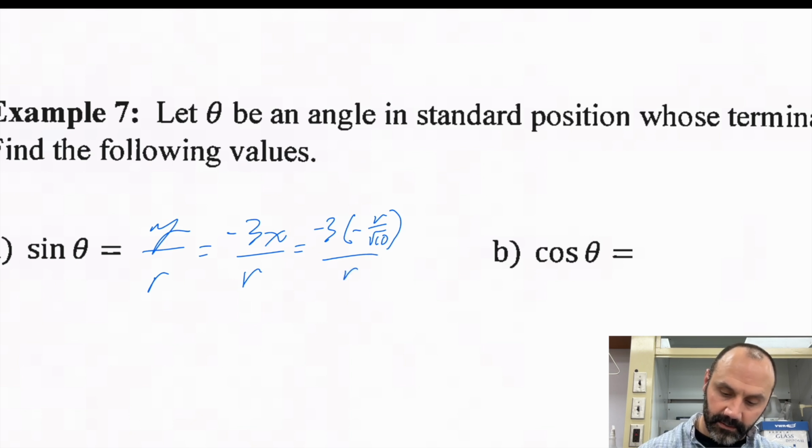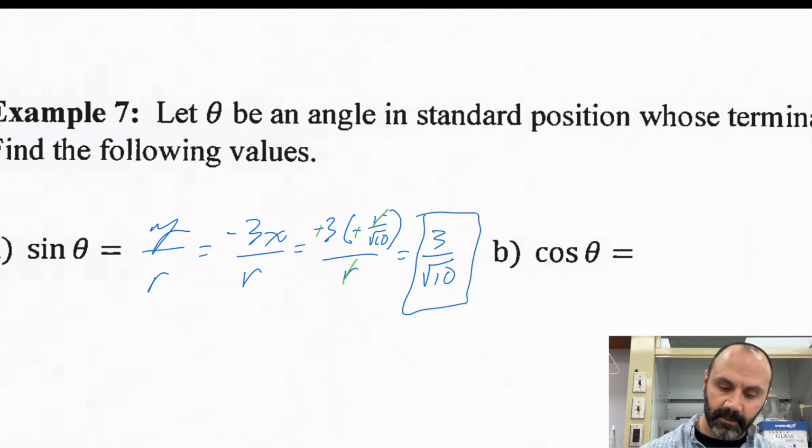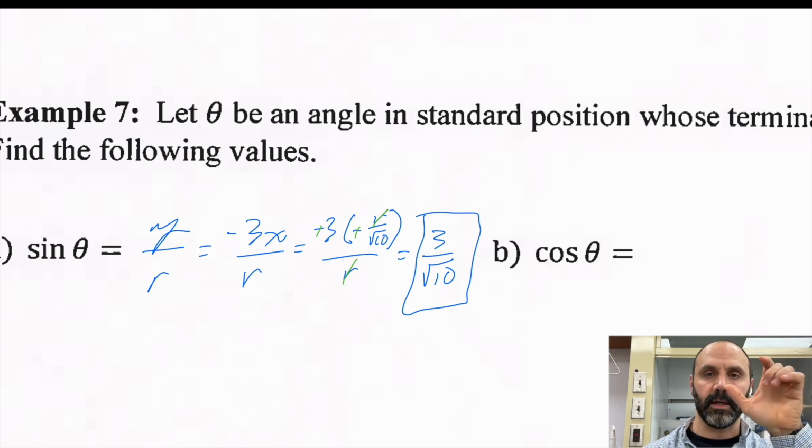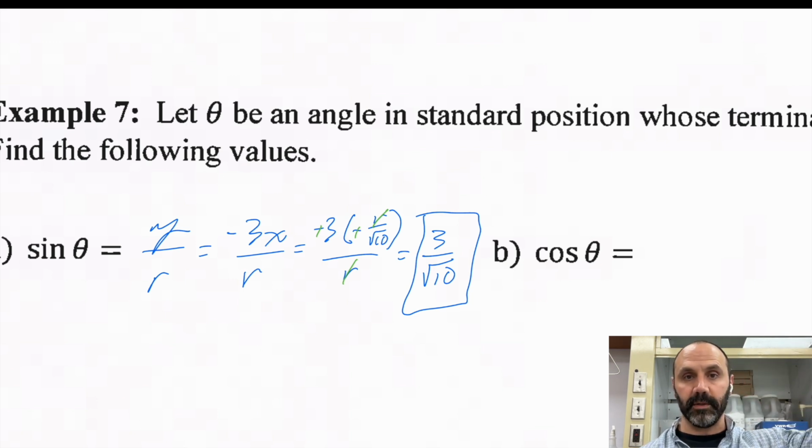The r's cancel out, and the negatives cancel out as well. So this ends up as 3 over root 10. Right? So this is what this means. The ratio of the opposite to the hypotenuse in this little triangle we've created is always 3 over root 10. It doesn't matter if you make the radius bigger, that makes the sides bigger as well, wherever you put a point on that line. But the ratio is always 3 over root 10.